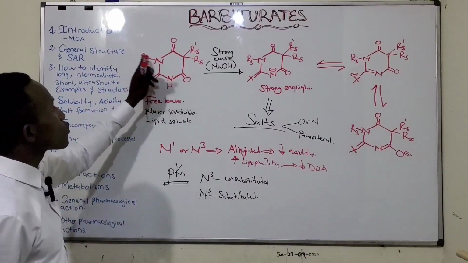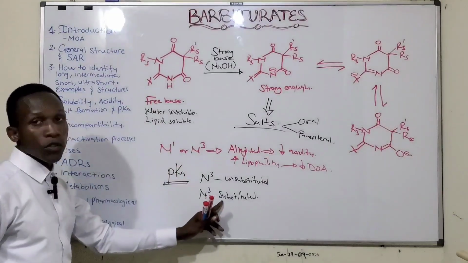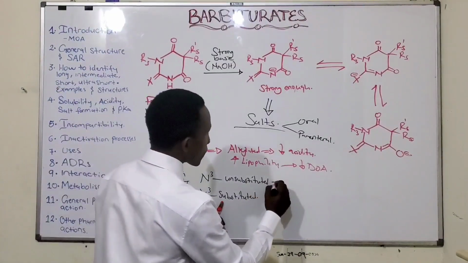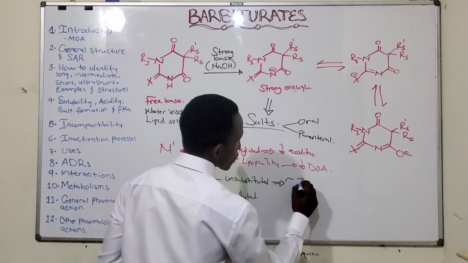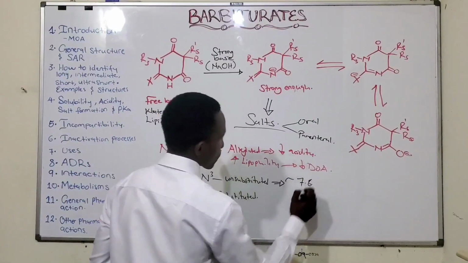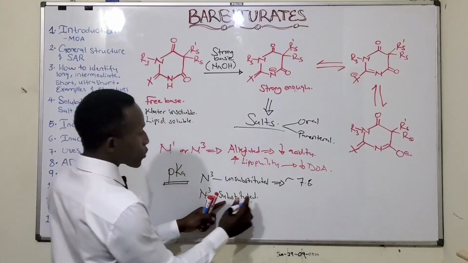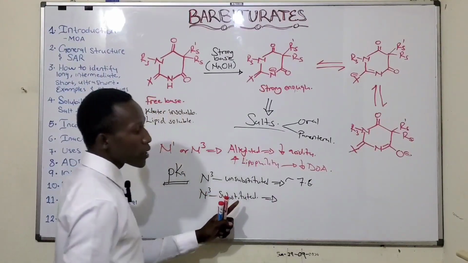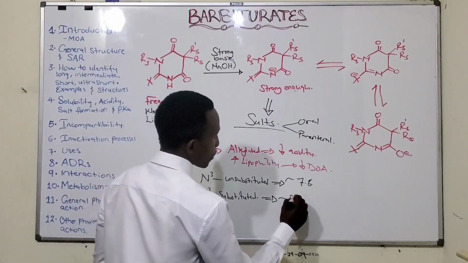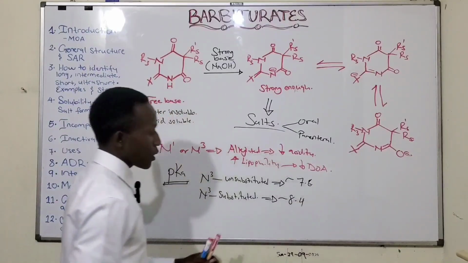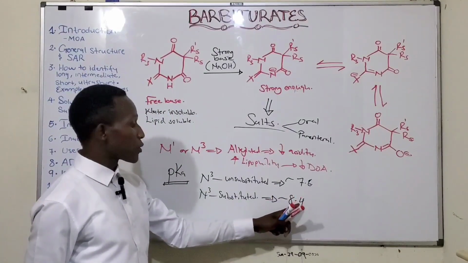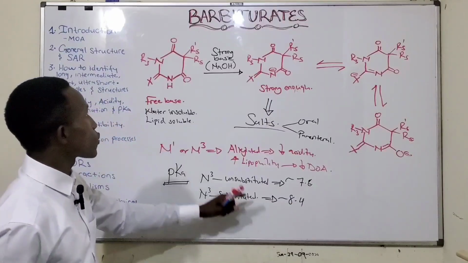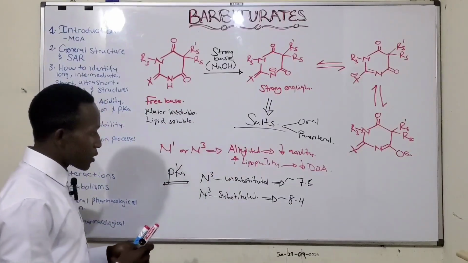This drug will be more acidic than the substituted one. So the pKa for the unsubstituted one is around 7.6. But for the substituted one, the pKa will increase. It's around 8.4. You can see that the pKa increases for the substituted one because of the decrease in acidity.